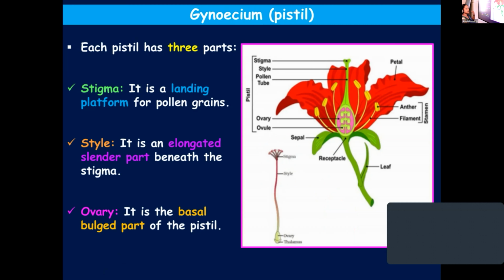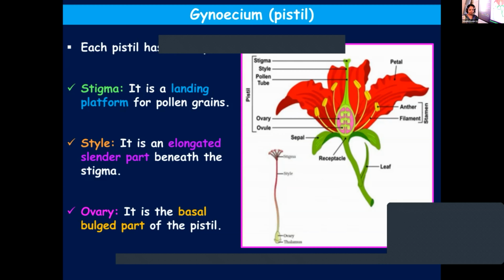Then the basal bulged part, you call that ovary. A flask-shaped, enlarged, swollen portion you can find towards the end, and you call it ovary. Stigma, style, ovary. These are the three main parts of the pistil. Stigma is a landing platform for pollen grains.